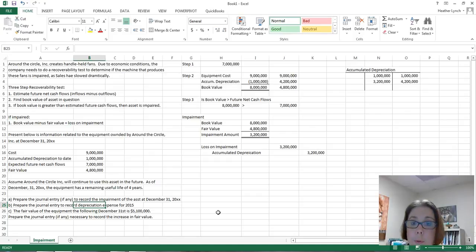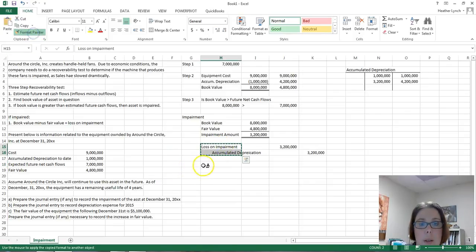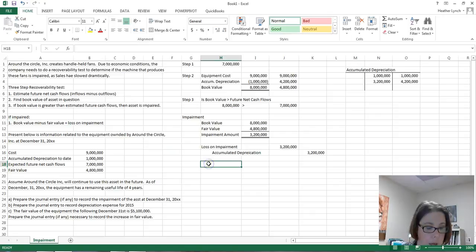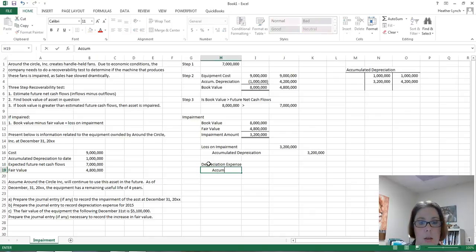So for our part B, they wanted us to prepare the journal entry to record the depreciation expense for 2017. Okay, so depreciation expense and accumulated depreciation.